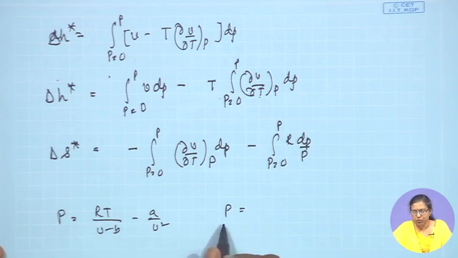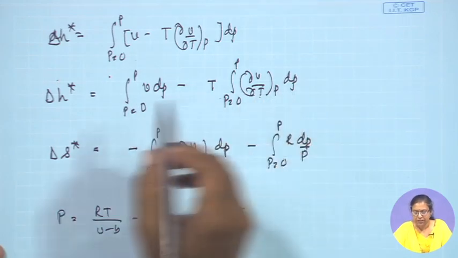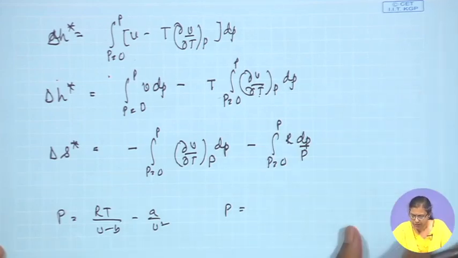It will be much more useful if we can write these equations in terms of not dP but dV. Let us see how to do it. It is not very difficult.